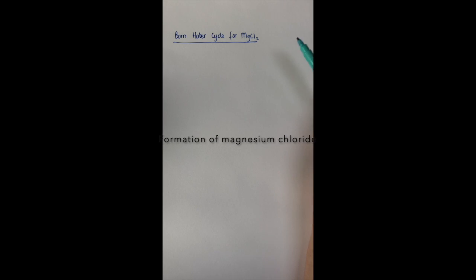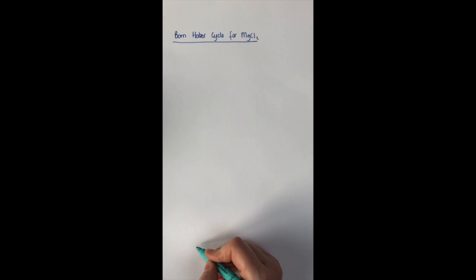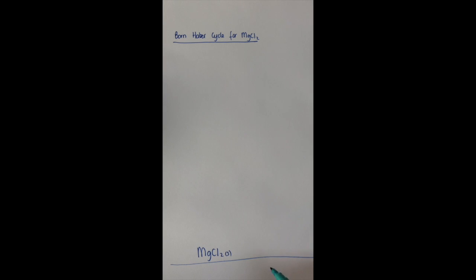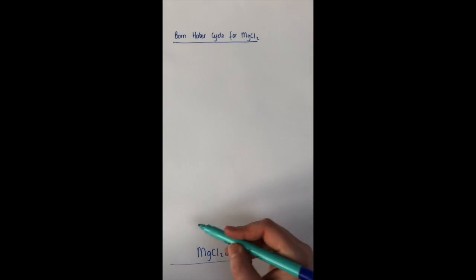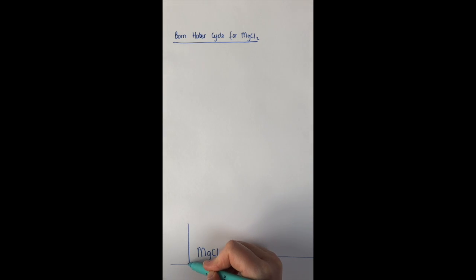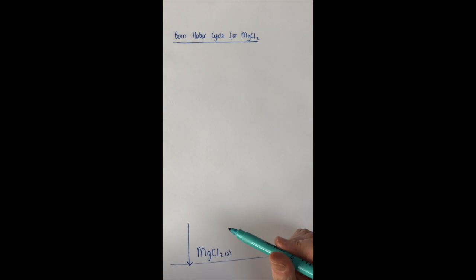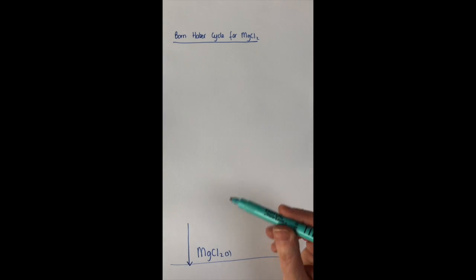So first of all, we're going to start out forming magnesium chloride in its solid state, shown at the bottom of our cycle here. And then we're going to show the formation of that magnesium chloride from its elements.